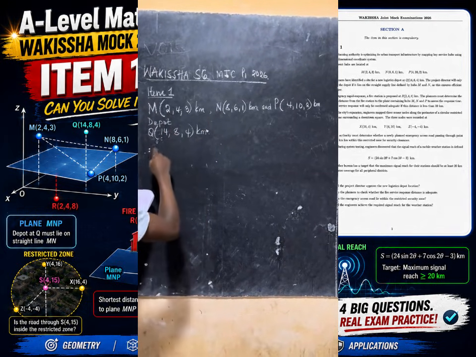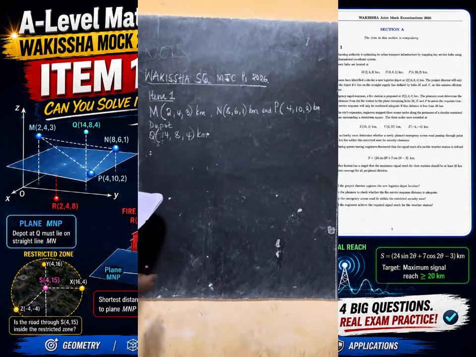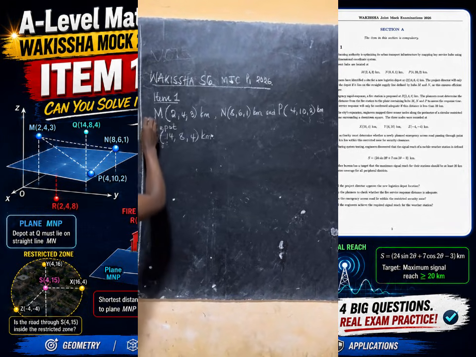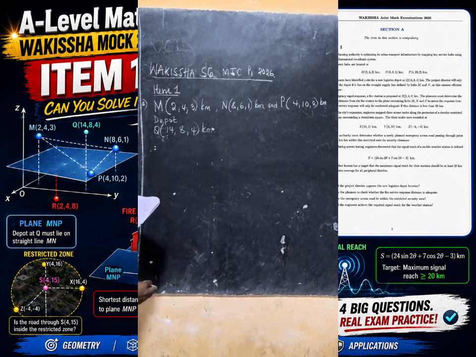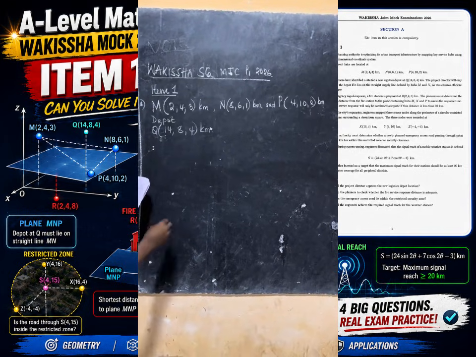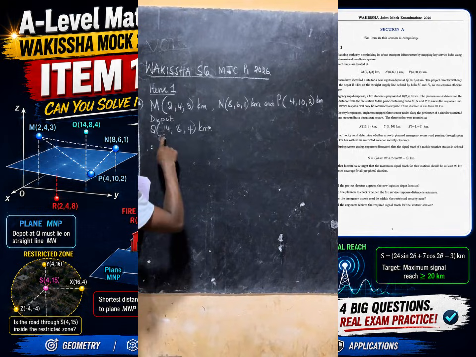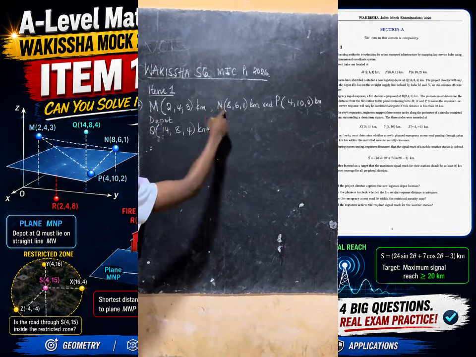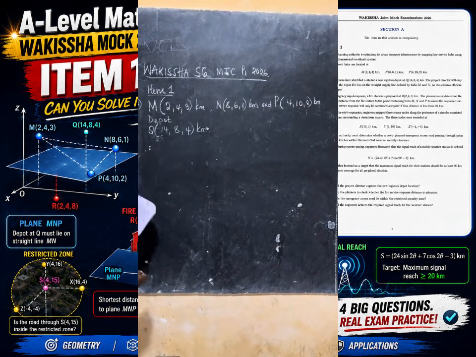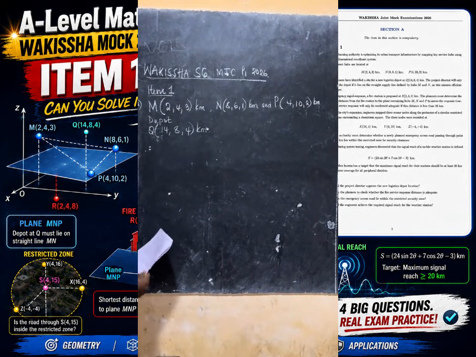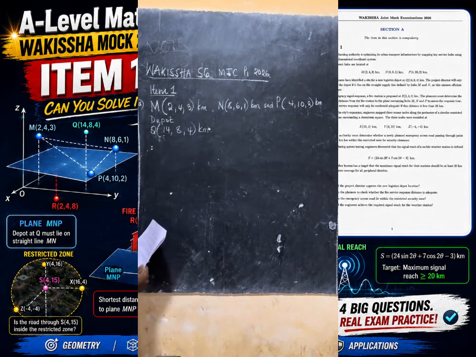Because the question is going to be asked, look at part A. The task is: will the project director approve the new logistics depot location? It will only be approved if M, Q, and N lie on a straight line. So we are going to test for collinearity.